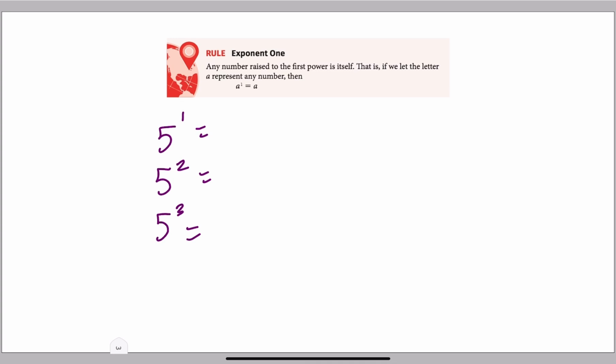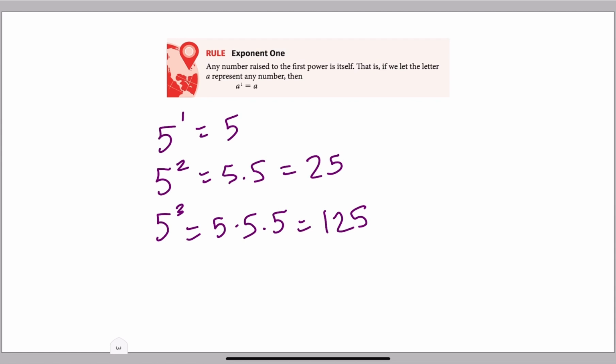So 5 cubed is 3 factors of 5 multiplied together, which we just figured out is 125. 5 squared, or 5 to the second power, is 2 factors of 5. Factor means multiplier, right? 5 times 5 is 25. And 5 to the first power is one factor of 5. Just 5, right? It doesn't change. And so anything to the first power is itself, just like multiplying by 1.